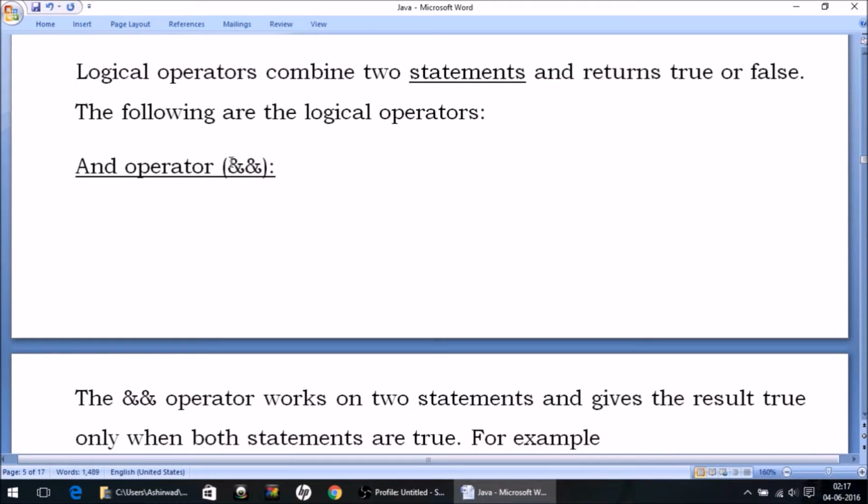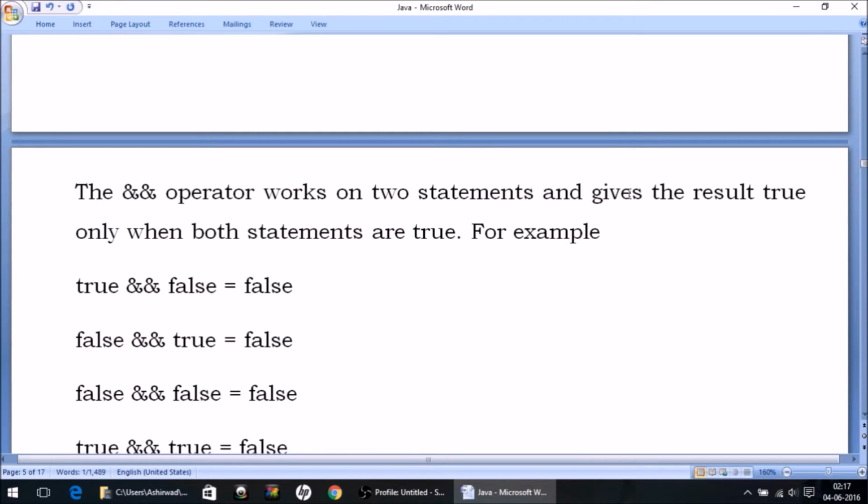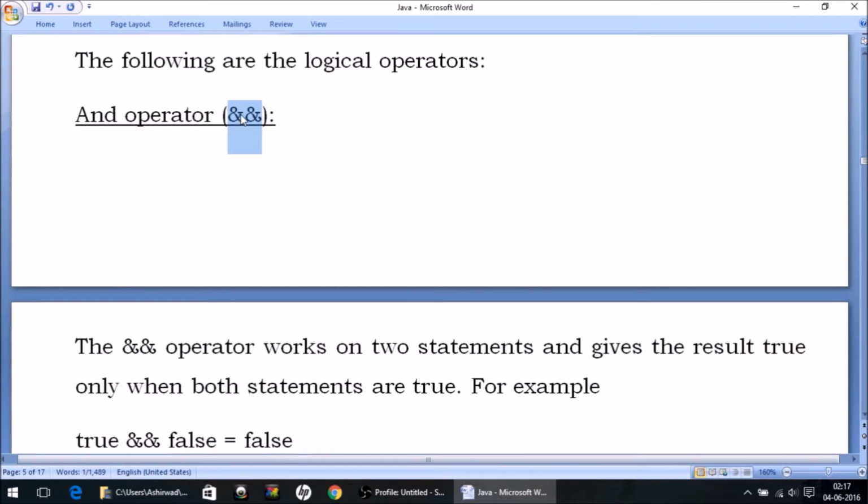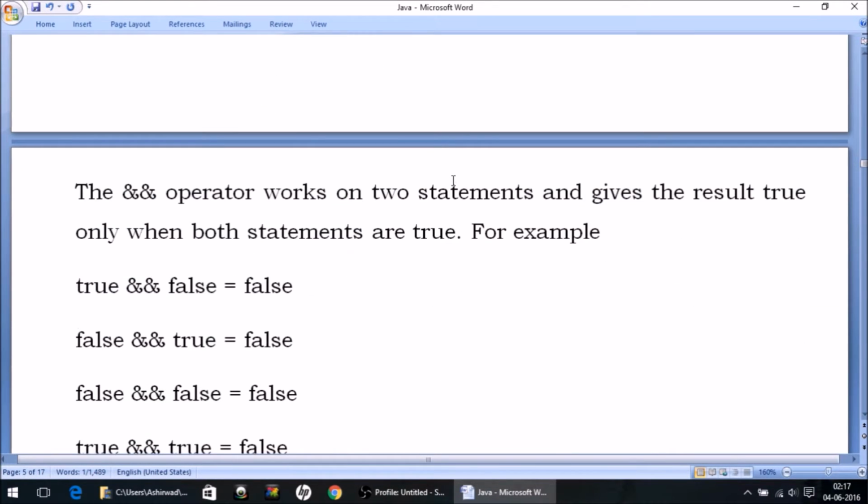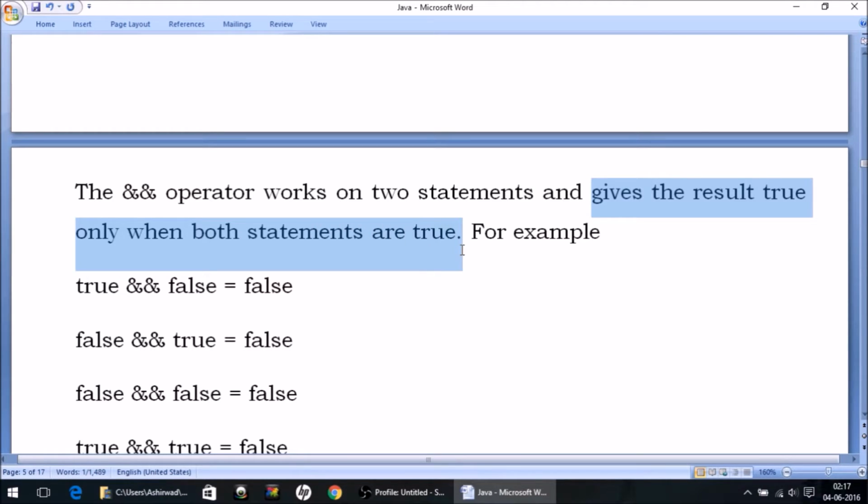This is called the AND operator simply, and there is no space anywhere in between. So this is one single operator. What does it do? Of course it is going to give us either true or false, but there is a condition. It gives the result true only when both statements are true.